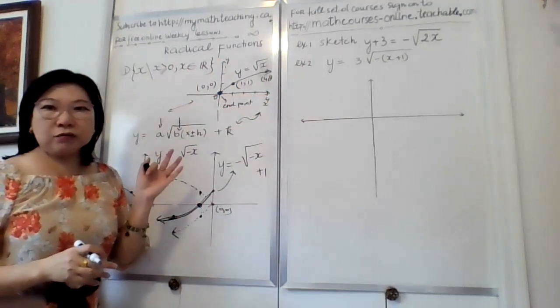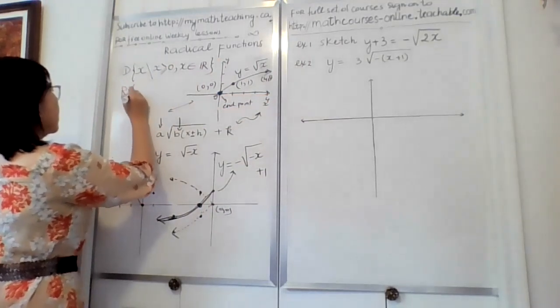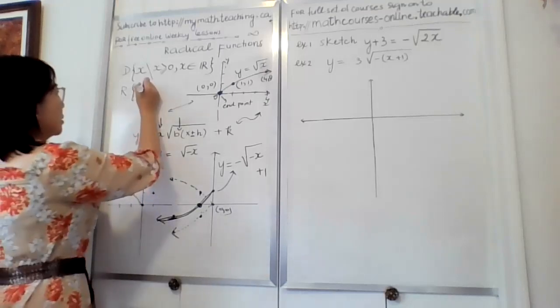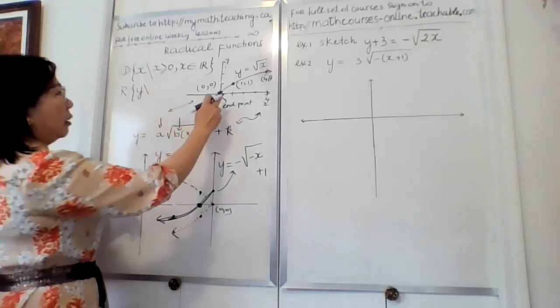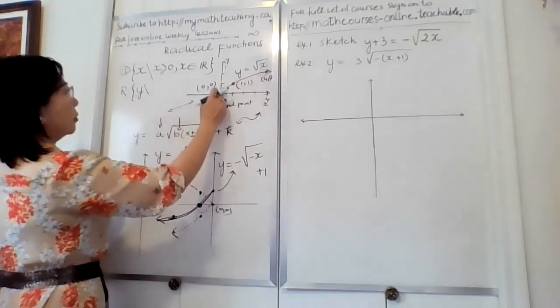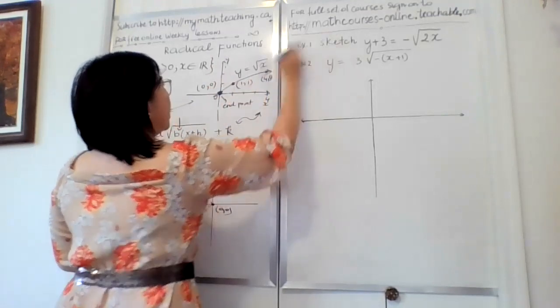Now let's talk about the range. The range is the set of y coordinates such that y has to be, if it goes this way, it means it can keep going, right?